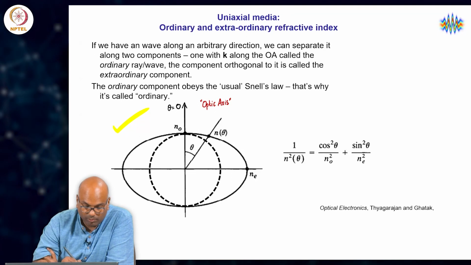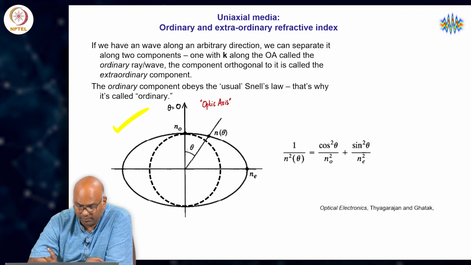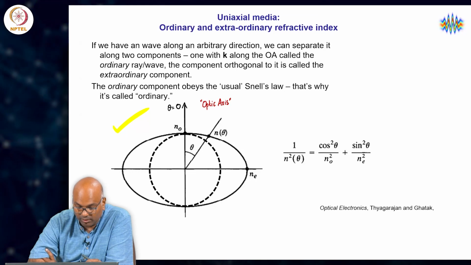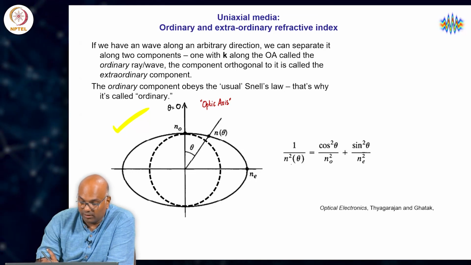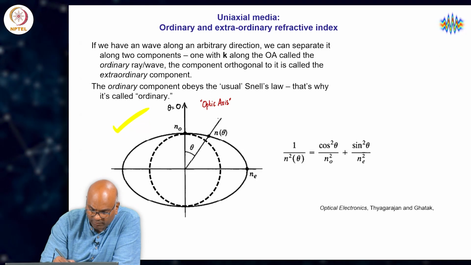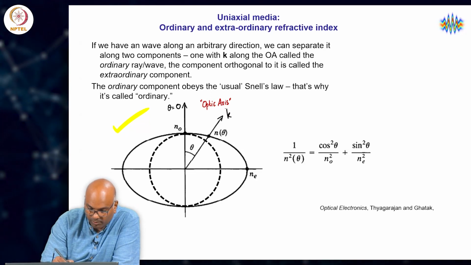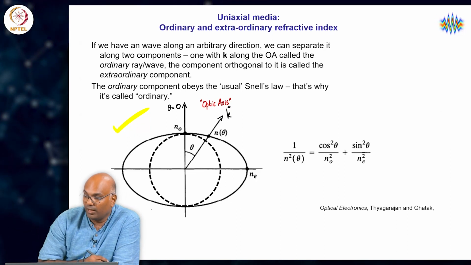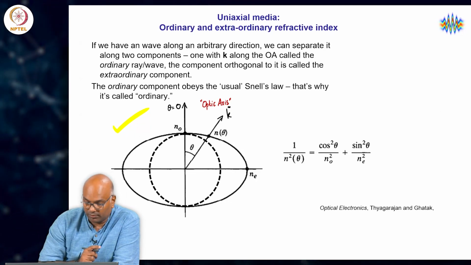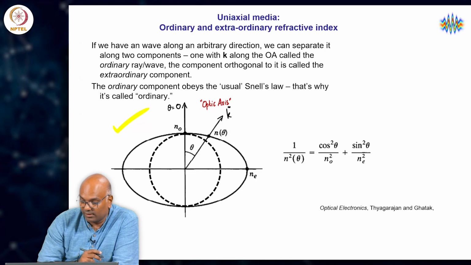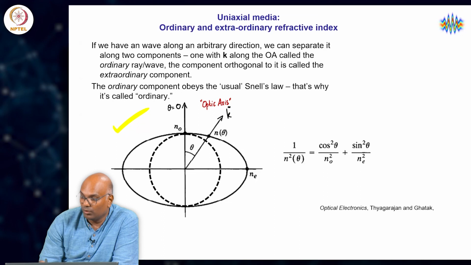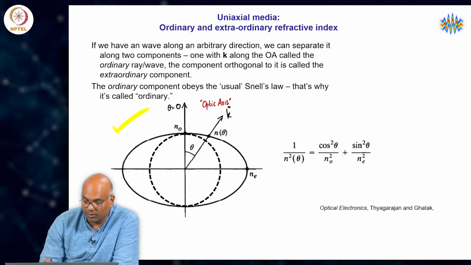Now, the point being that this particular value n of theta for a beam propagating with a propagation vector k along such a direction, if I plot this on an axis, this is the equation of an ellipse, you see, cosine square plus sine square divided by two quantities.